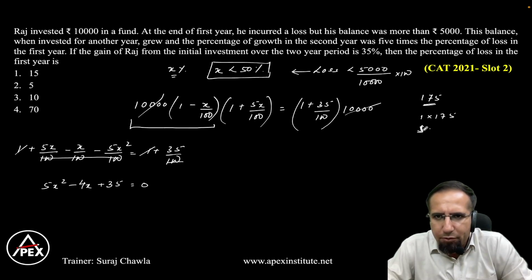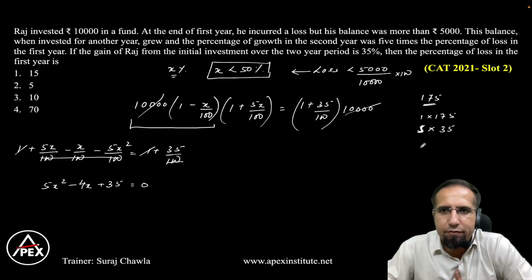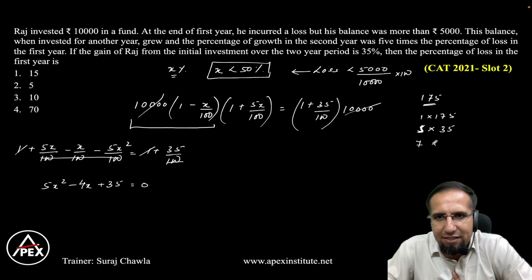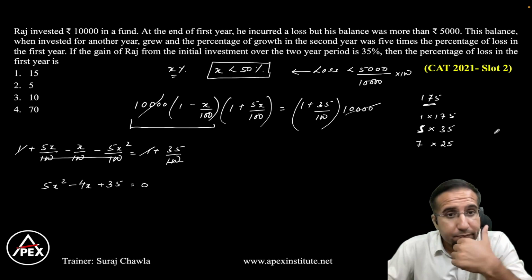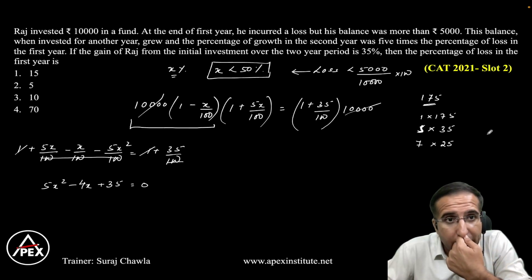No. This can be written as 5 into 35. Or this can be written as 7 into 25. Clear?